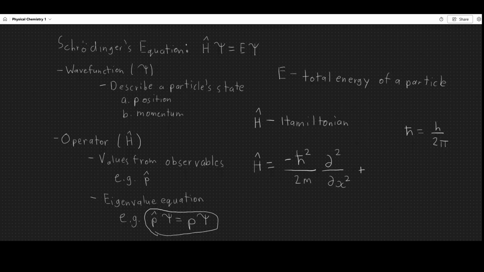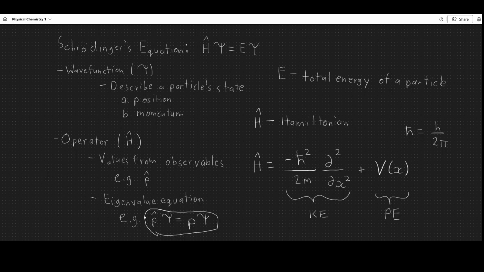And then we also add in V of x. So what is V of x? I already said that this will be describing the total energy of the system. So you can think of this as potential energy, and this part is kinetic energy. So it describes the kinetic energy of the system, and this is describing the potential energy of the system.